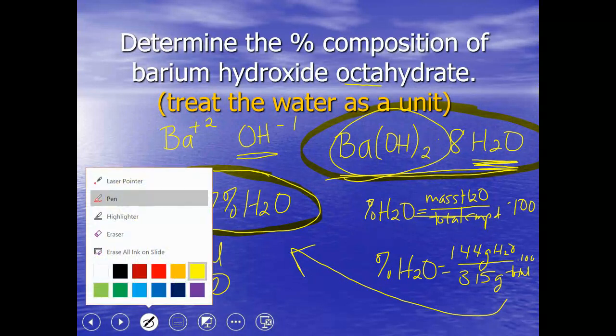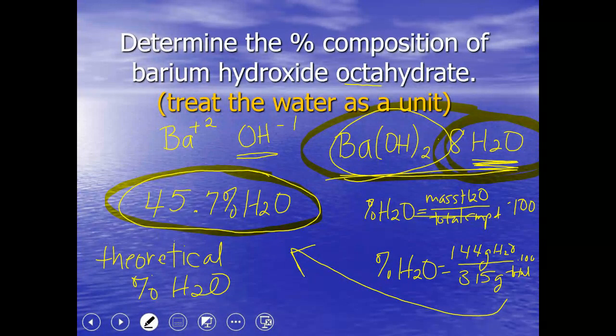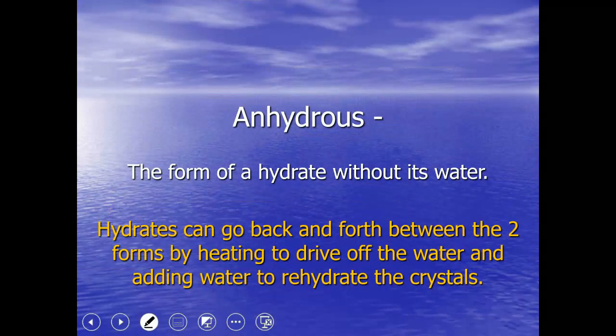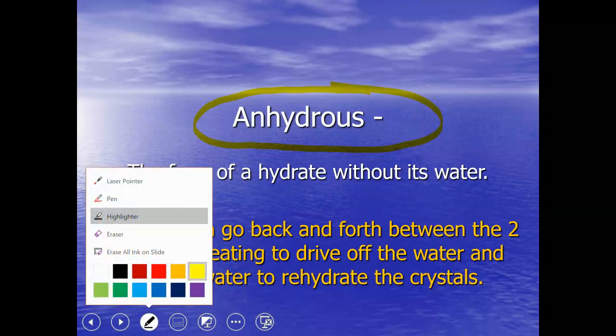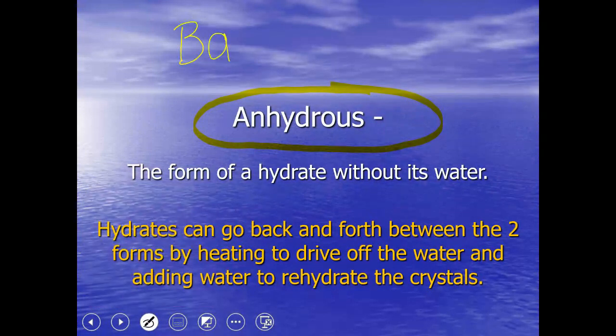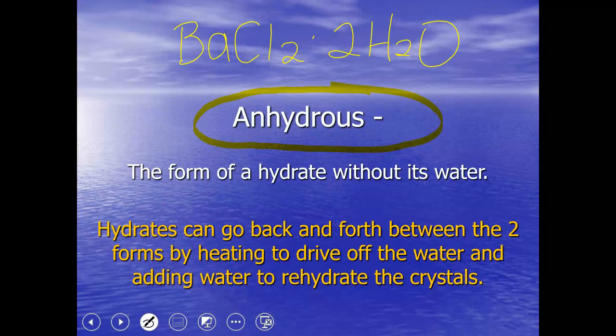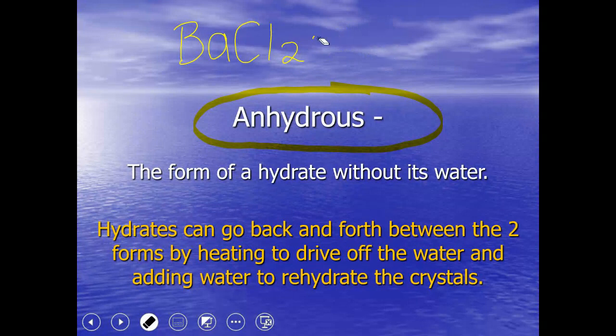And remember, that has told us what percentage of it is water, and then the rest of it is the anhydrous barium hydroxide. You did learn that word anhydrous from the Edpuzzle. That's the form of the hydrate without its water, okay? When you have a hydrate, like let's say, for example, you have that barium chloride dihydrate from earlier, you could heat it, and when you heat it, this water might evaporate and leave you with just the barium chloride.